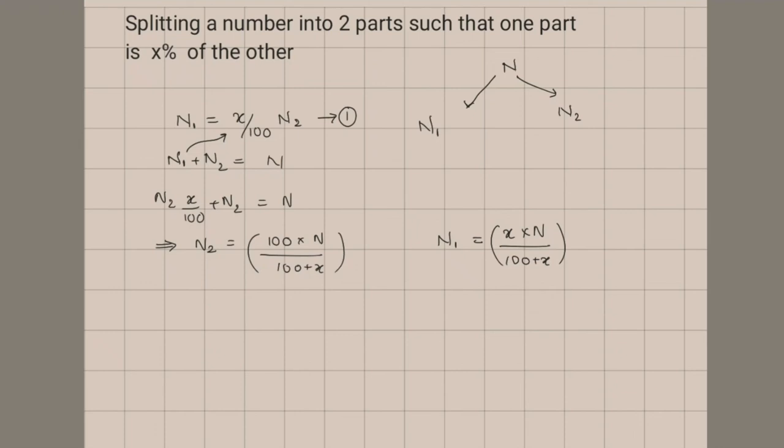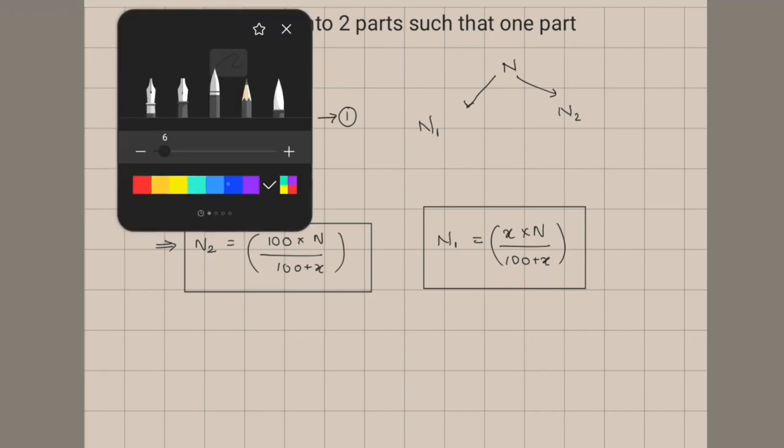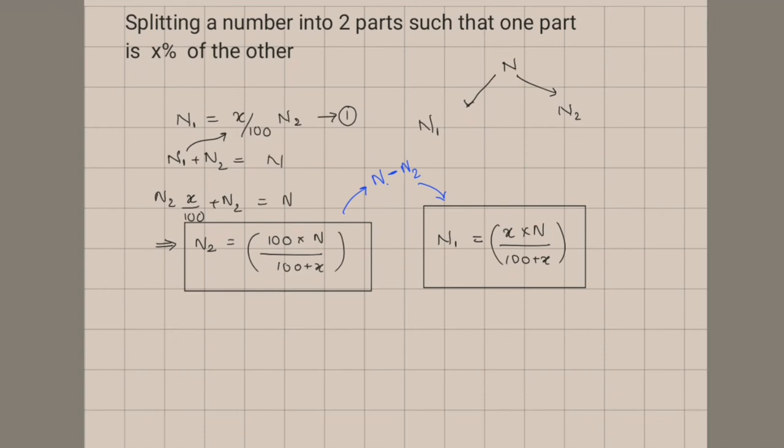So one number will be 100 into n by 100 plus x. The other number will be x into n by 100 plus x, where x is the percentage by which one number equals the other number. If you calculate just one number, you can subtract n minus n2, which gives n1, because n1 plus n2 equals n.